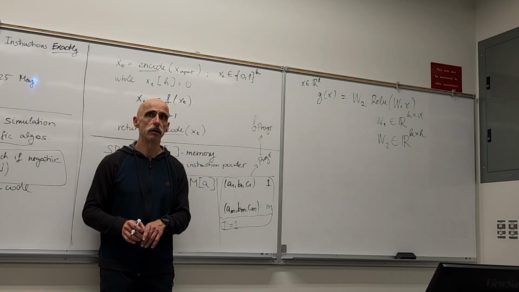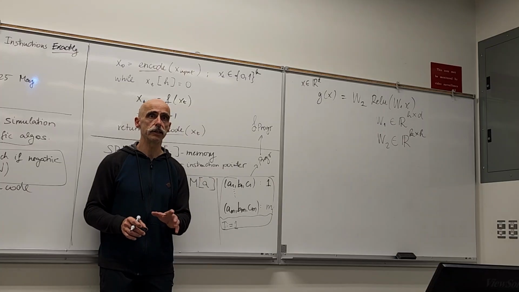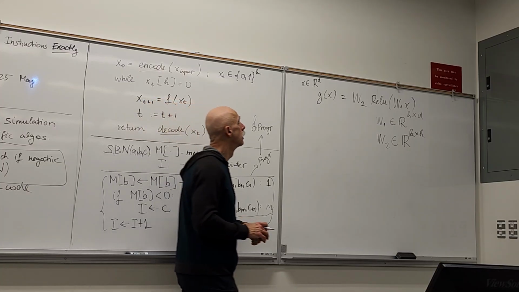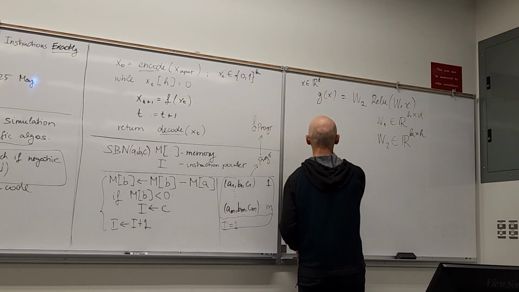So far so good. You initialize the weights at random from Gaussians, IID, with appropriate scaling.